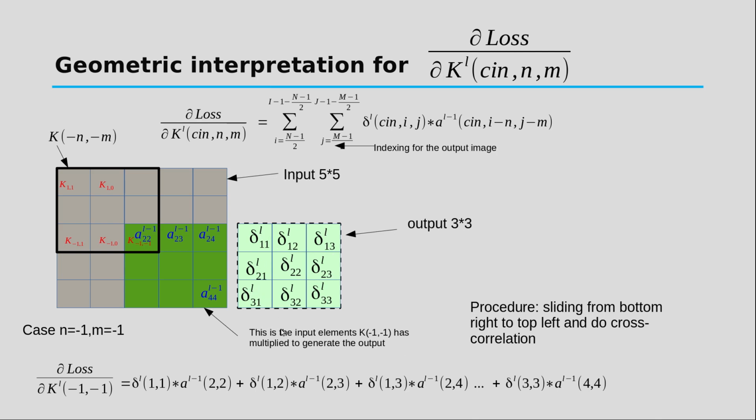So we can conclude that we slide this sensitive map along this direction from bottom right to the top left, sliding this way, one pixel up to the left, another pixel up to the left. Then you get all this derivative with respect to the weights.